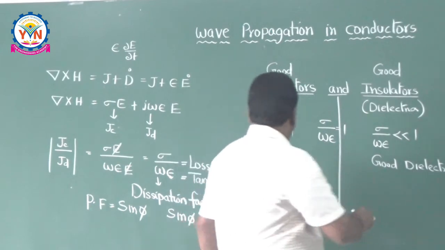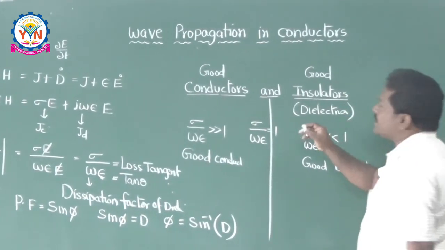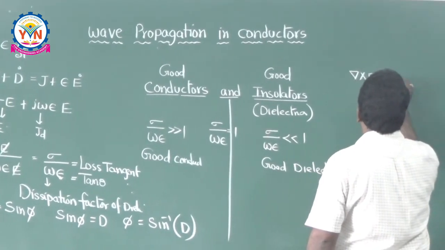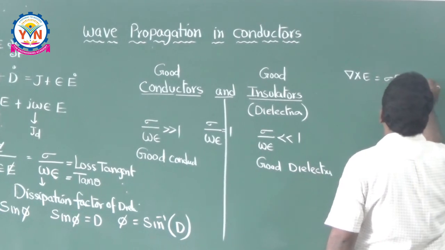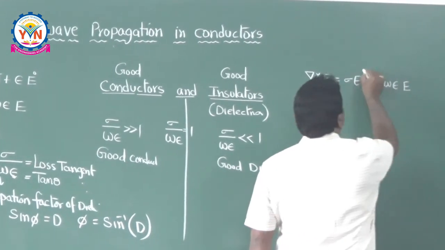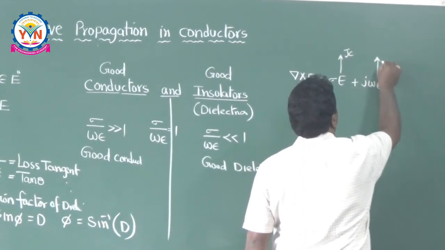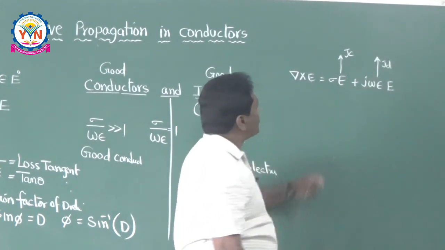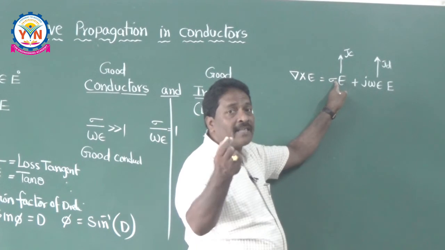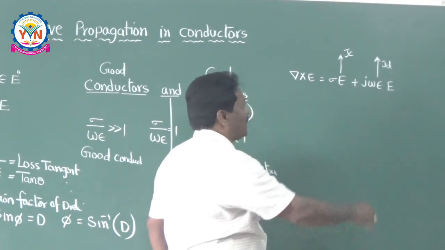Once again, for clarity, I am writing here: del cross H is equal to sigma E plus j omega epsilon times E. This is called conduction current JC and this is called displacement current JD. And these are displaced by how many degrees? The phase angle is 90 degrees.